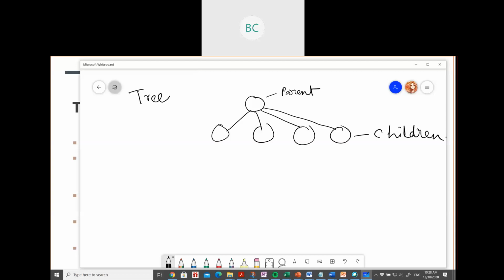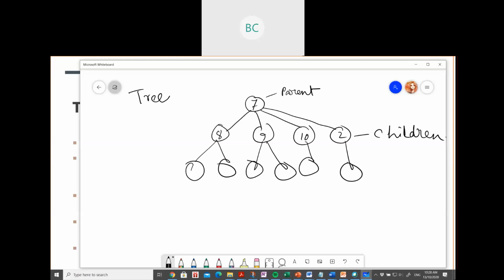Then again the children can have other children. And your data can be stored like 7, 8, 9, 10, 2, 5, 15 and so on. So this is your basic data structure of a tree.